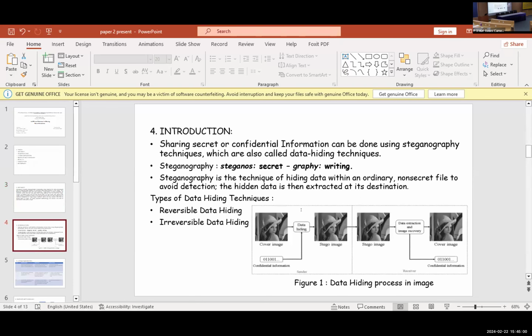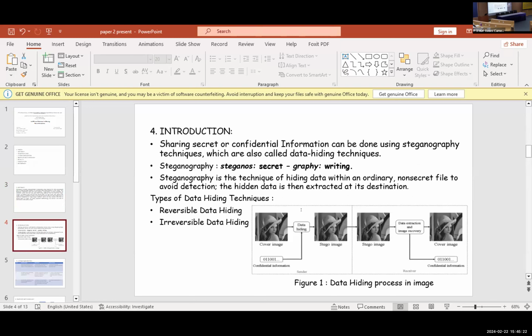This is my introduction. Sharing secret or confidential information can be done using steganography techniques, which are also called data hiding techniques. Steganography is derived from two Greek words, stegos, which means secret, and graphy, which means writing. So steganography is the technique of hiding data within an ordinary non-secret file to avoid detection.